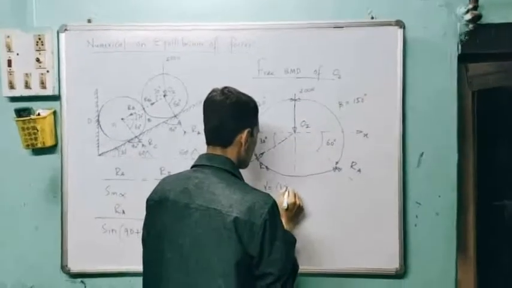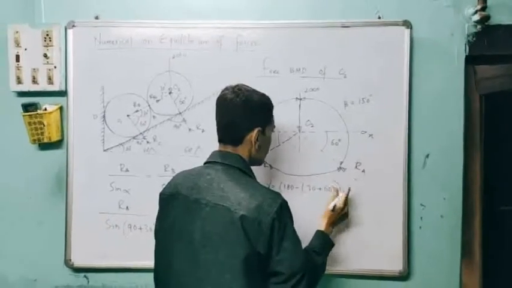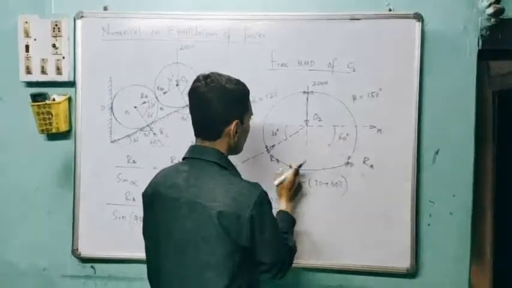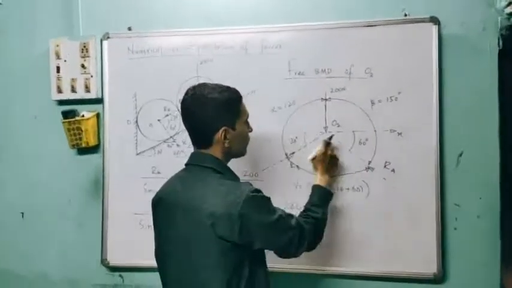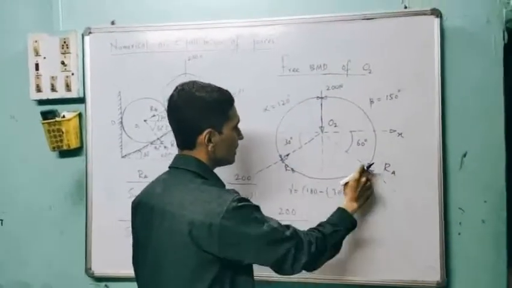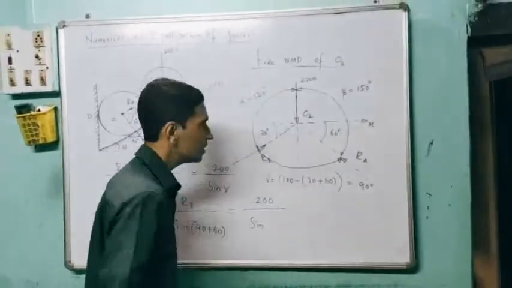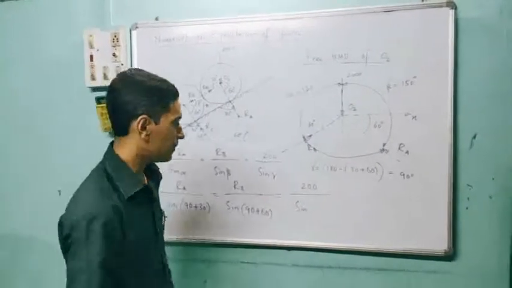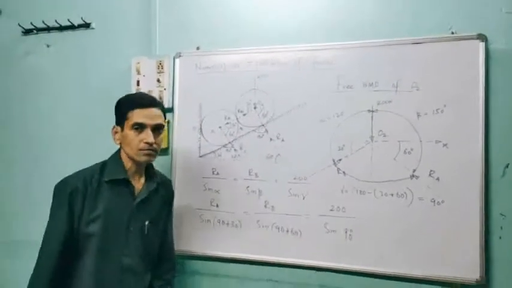Gamma is equal to 180 minus 30 plus 60. Deduct these two angles from 180, because one straight line angle is 180. Deduct 90 from 180, we will get the remaining angle as 90. So gamma is equal to how much here? After solving, that gives 90. So that also you have to use it with sine.